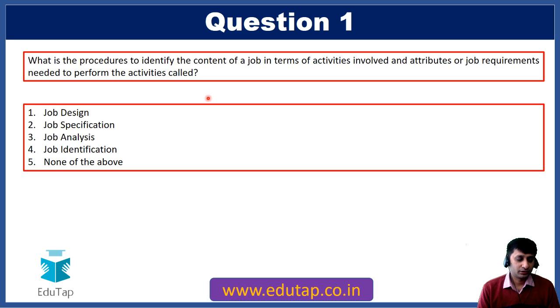The question seems to be confusing. Some people might answer it as job specification because job specifications tell us what the skills required for that job are, or some people might think that job identification is the answer because it tells us what the activities involved in the job are, but the right answer is actually job analysis.